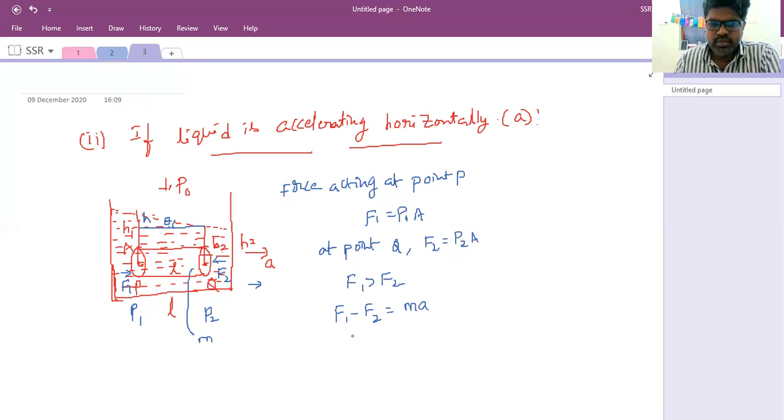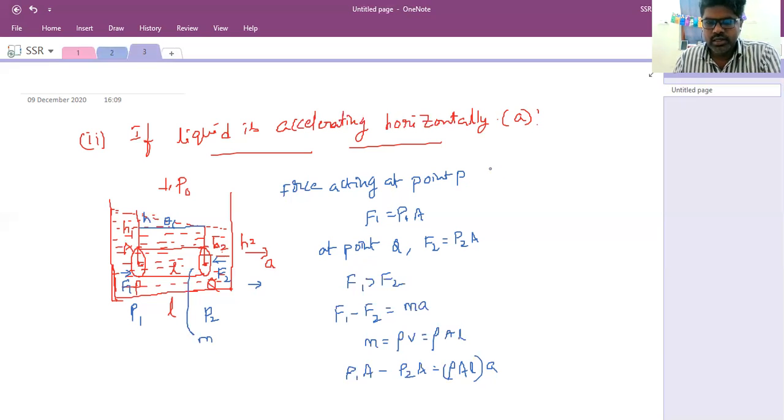And m you can also write as density into volume, so density into area into length, rho A L. Then F1 is P1 into A minus F2, which is P2 into A, equal to F net, which is m a. m a means rho A L into a.